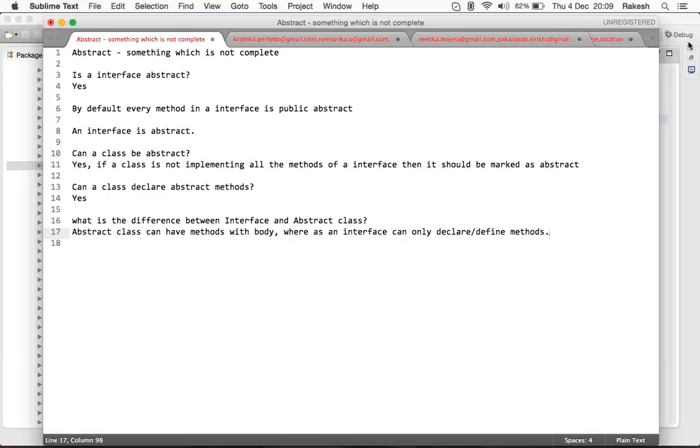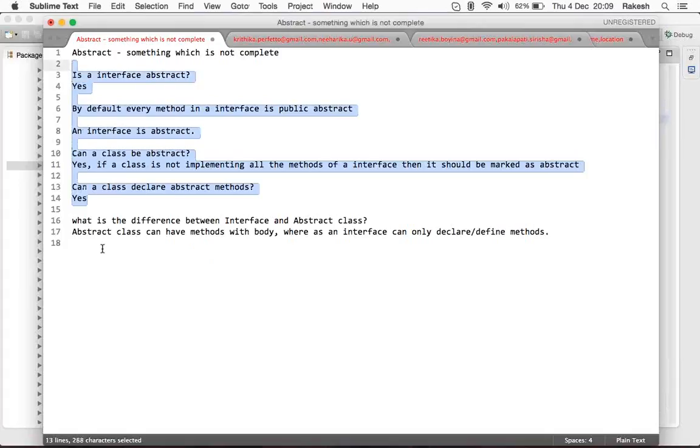This is the core difference between an abstract class and an interface. If you understand this concept, whatever we discussed so far all makes sense now, right?